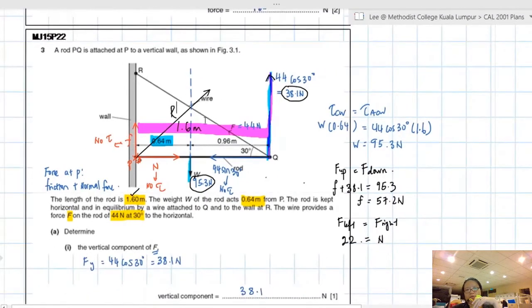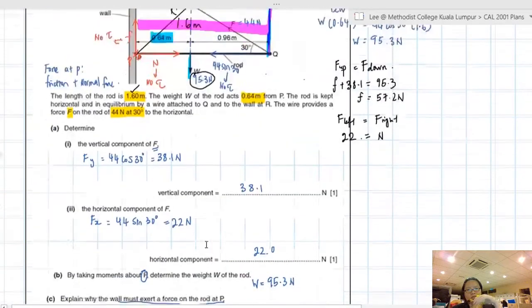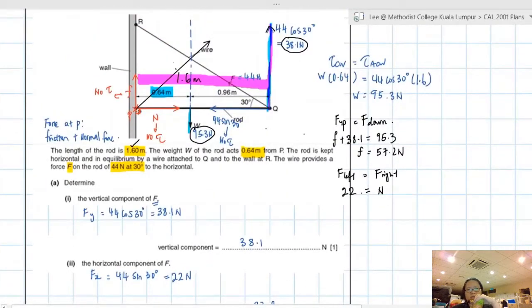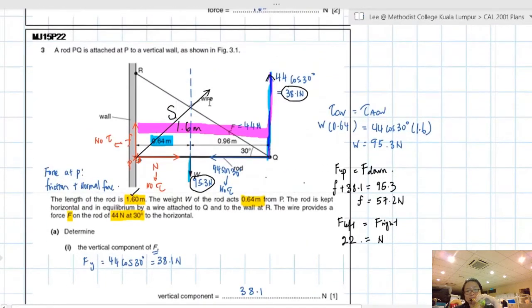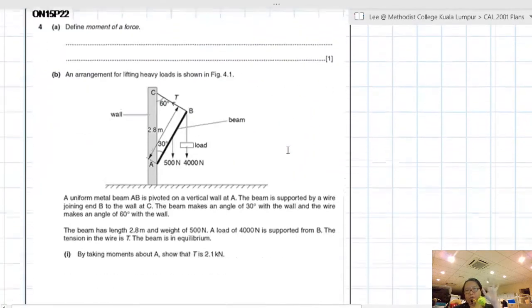Okay, so this is your arrow S, to represent the force acting on point P, which is the resultant between friction and normal from point P. Okay, all three forces should pass through the same point.